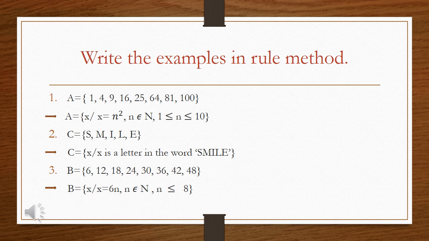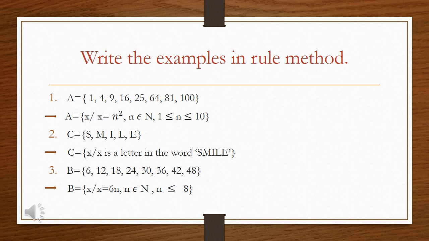Now let us take a third example. The set B contains the elements 6, 12, 18, 24, 30, 36, 42 and 48. That means here it is just multiples of 6. So we can write the set B as, in curly brackets, x such that x equals 6n.